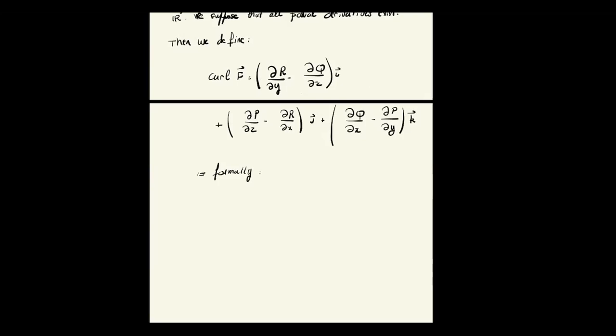Formally, this is given as the determinant of i, j, k; del x, del y, del z; P, Q, R. Here's the thing: this is not a number, and it's not a vector. It's a formal vector, an operator that acts on something. But when you do the formal computation of the determinant, it gives you exactly this.